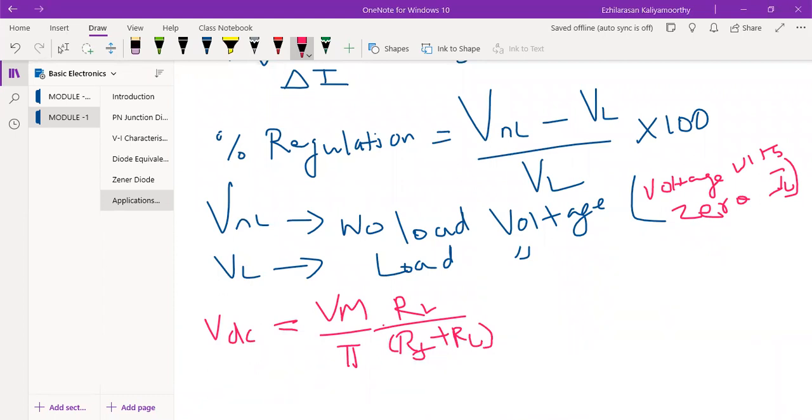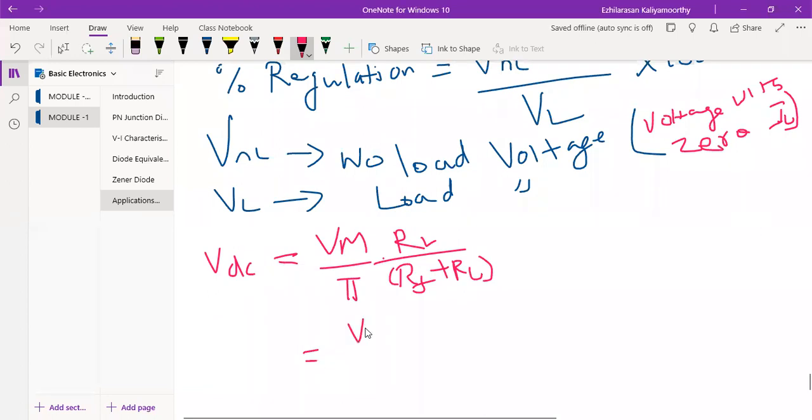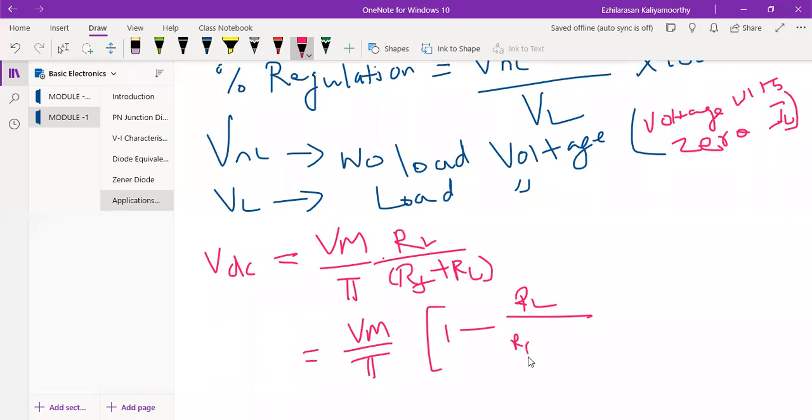Okay, so now this will be Vm by pi times 1 minus RL by RF plus RL.